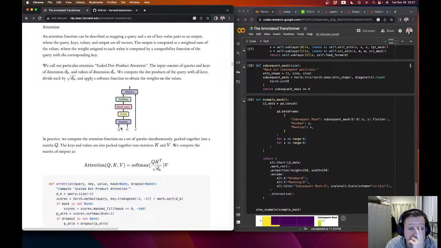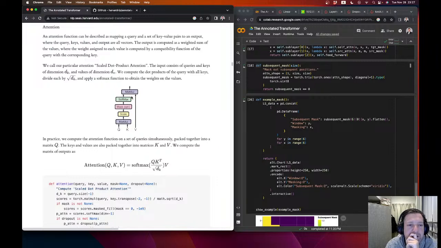So we do queries and keys dot product, scale, that's probably this bit, mask, optional, doesn't say that here, so forget about it, and then softmax.